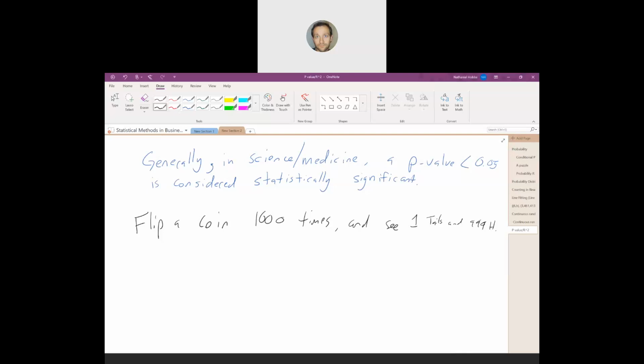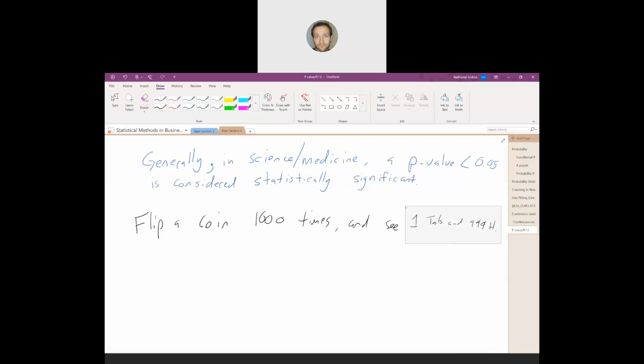That's not a fair coin. If it were a fair coin, it could happen, but it's so extraordinarily rare that it's easier to believe that it's a weighted coin for heads than a fair coin.